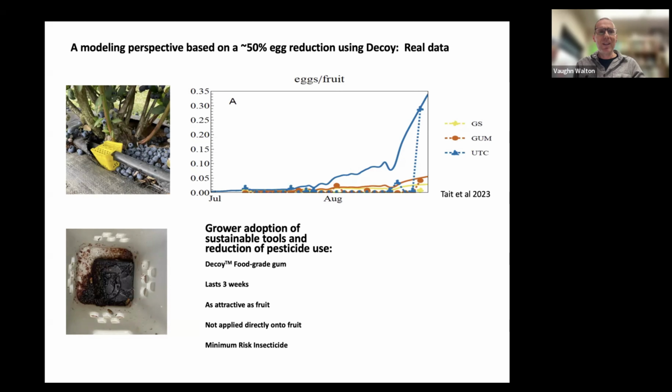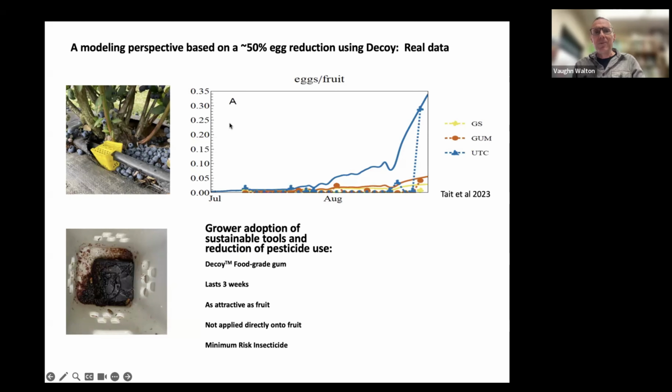So you have these little dispensers that are applied at 50 per acre, and they last about 3 weeks. So you place around 50 of those out, last around 3 weeks. It can be used on its own. It can also be used in combination with pesticides such as Entrust.